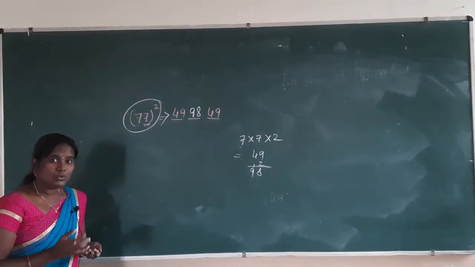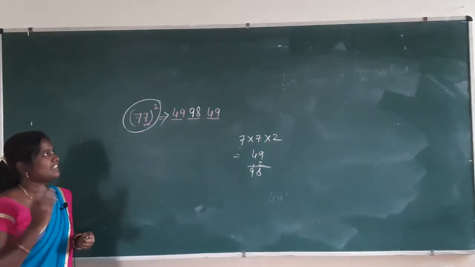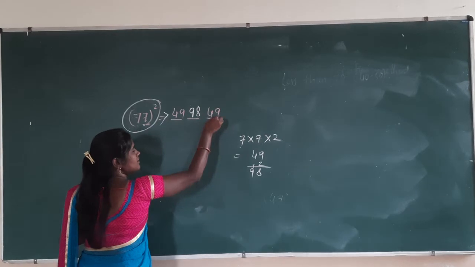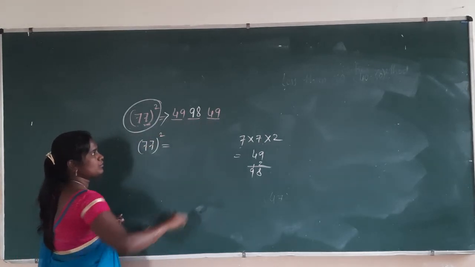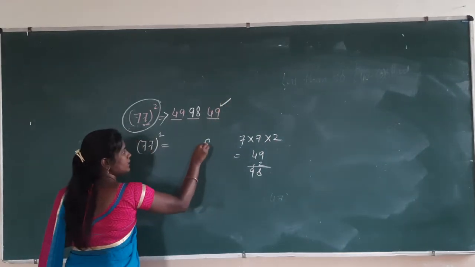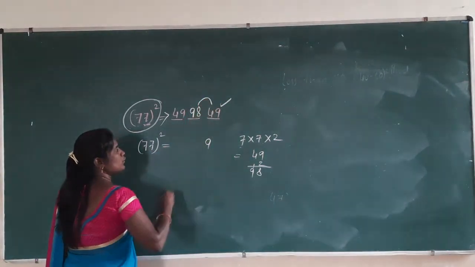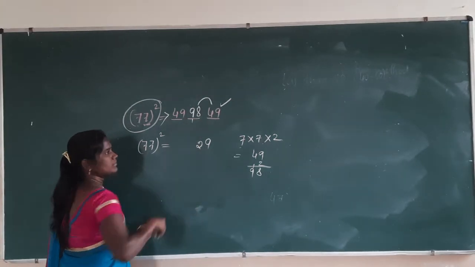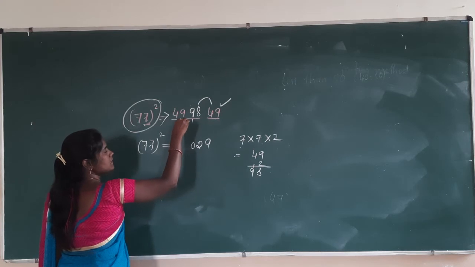Now, what is the answer? It is not the answer, I am saying. Then what is the answer? Yes, the answer comes here. See, 77 square is equal to, write the unit digit as it is, 9. Now, 8 plus 4 is 12, carry 1. 9 plus 1 is 10.